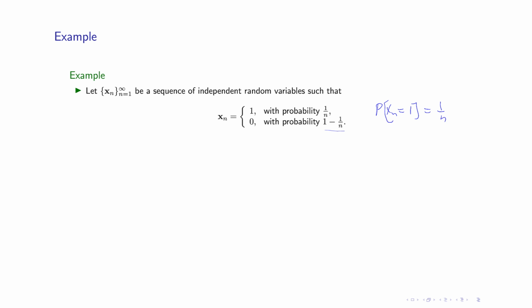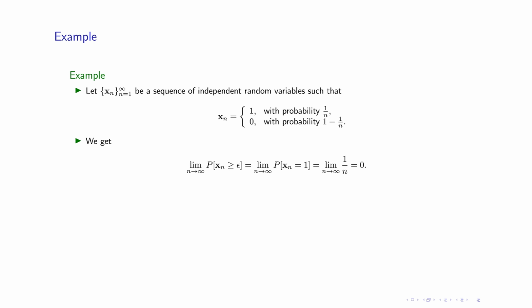And you see that as n increases, this probability becomes 0. So the limit of the probability of x of n equal to 1, when n goes to infinity, becomes 0. Therefore, x of n as n increases will become equal to 0 with probability 1.